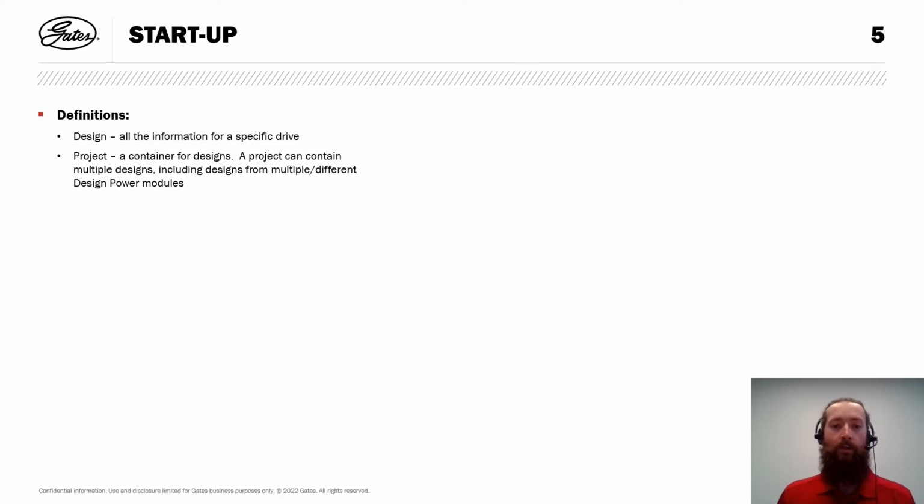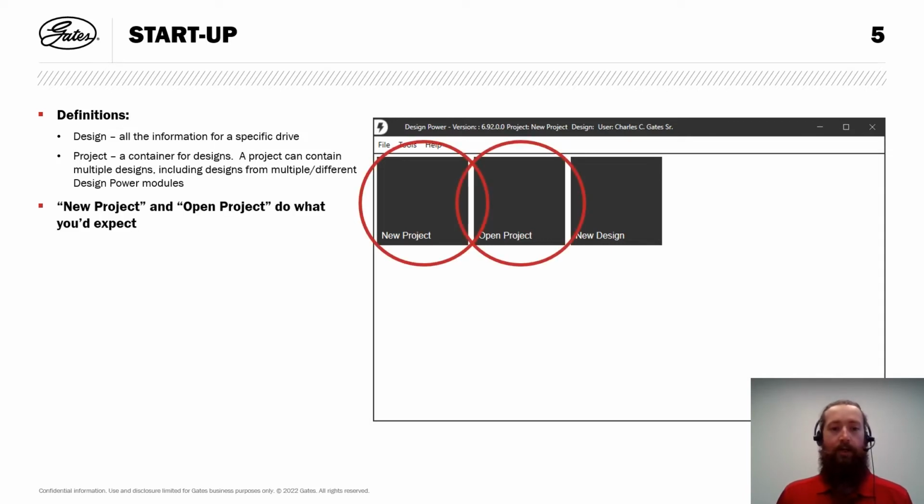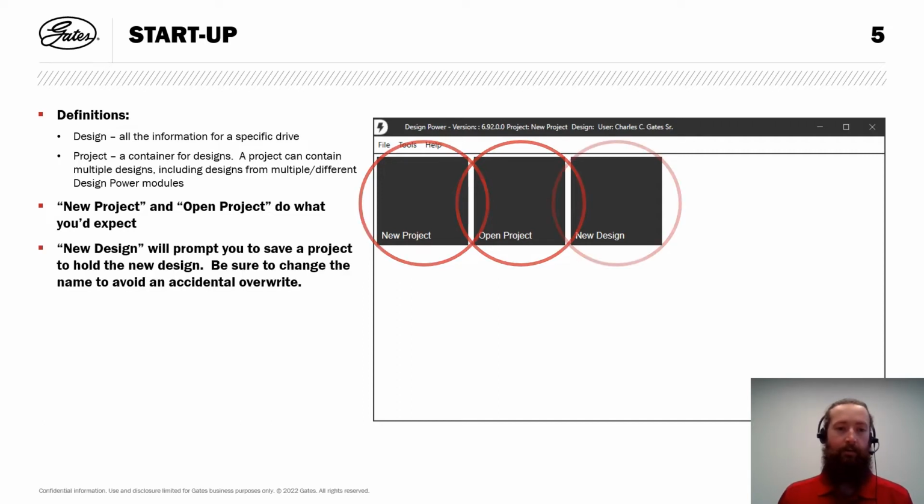It's also important to note that there are no separate design files. All Design Power files are .prj project files. When you first launch Design Power, you'll see a screen that looks like this. New Project and Open Project do exactly what you would expect.